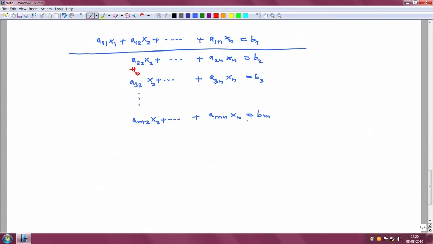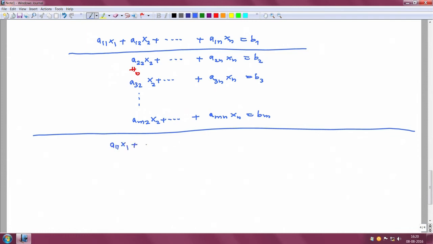So after finitely many steps I am going to arrive at a system which is like this: a11 x1 plus a12 x2 plus a1n xn equal to b1, and again I will interchange the equations or rename the variables.